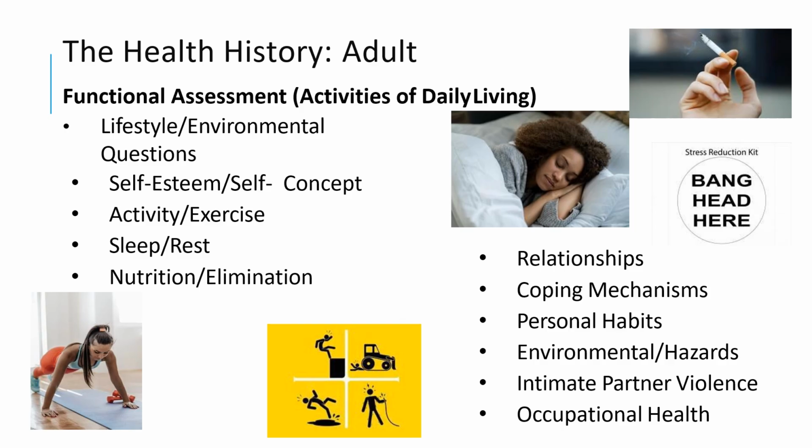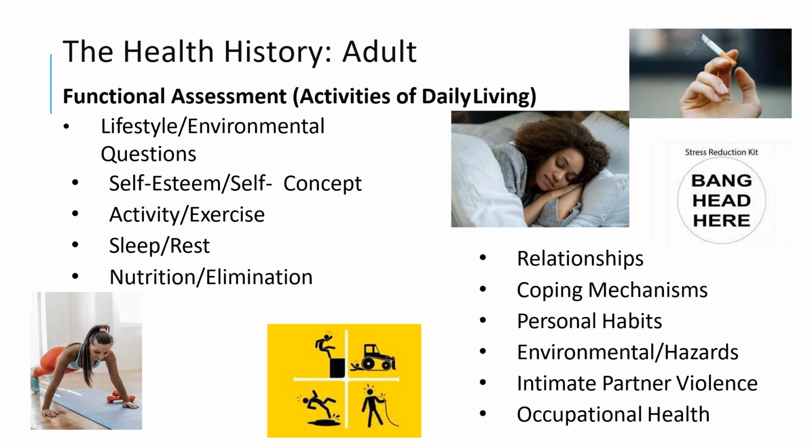Relationships. We want to know what their role is in their family. Do they have a good support system? Coping mechanisms, coping with stress. How do they cope with this? How do they manage stressful events in their life?